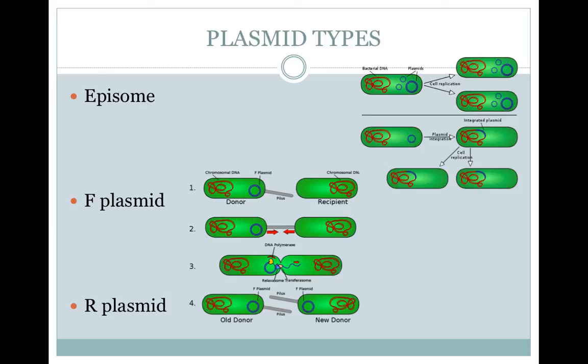In other words, they're sections of DNA that can enter the larger chromosome, the nucleoid, or leave and become a plasmid. As I said before, the F plasmid is for forming a pilus, and a cell that has the F plasmid is considered F positive, and it is a male. F negative is the cell without the plasmid and is considered female.